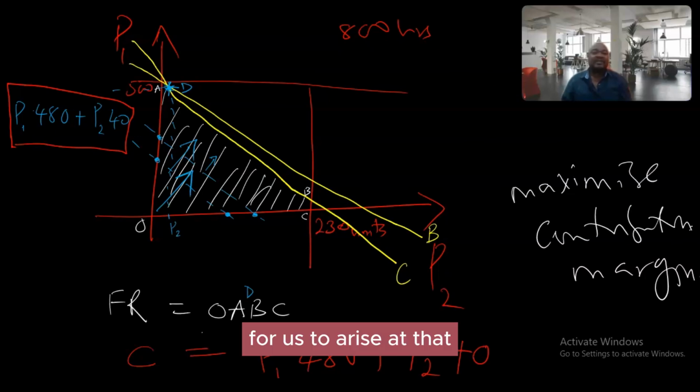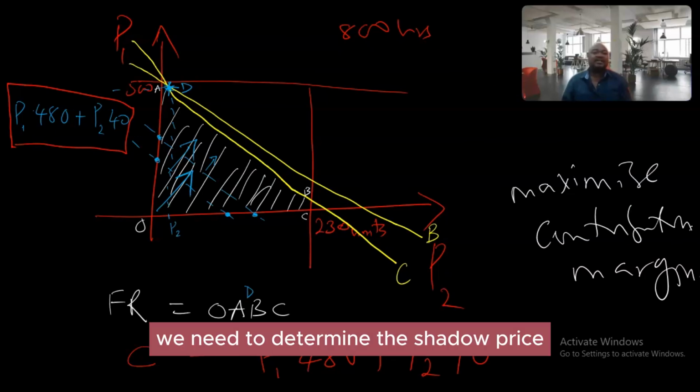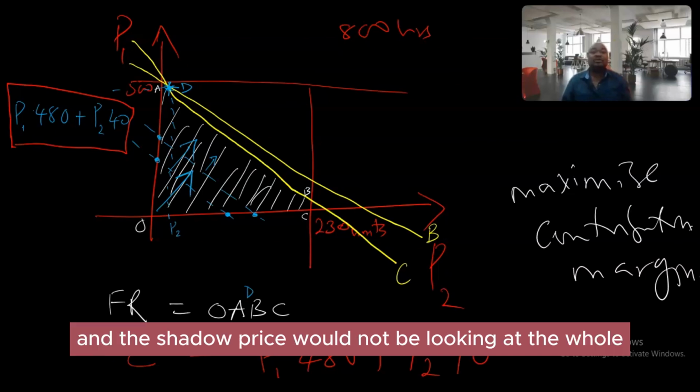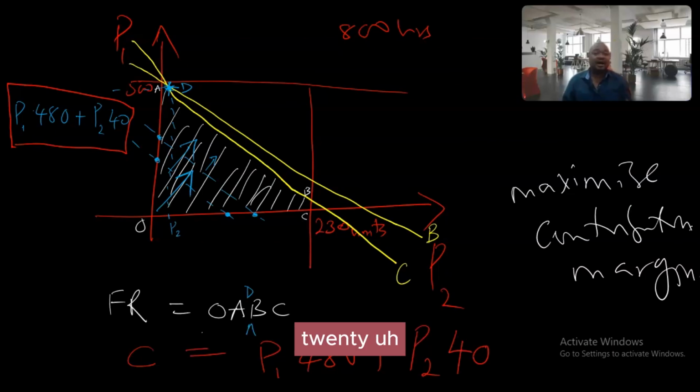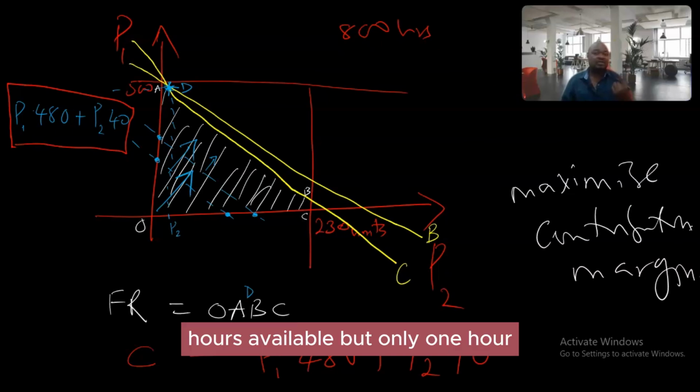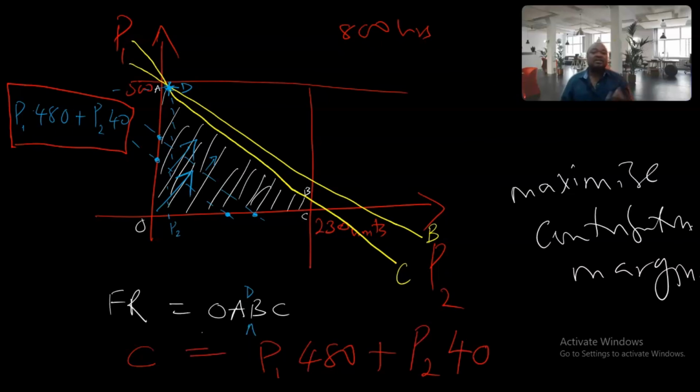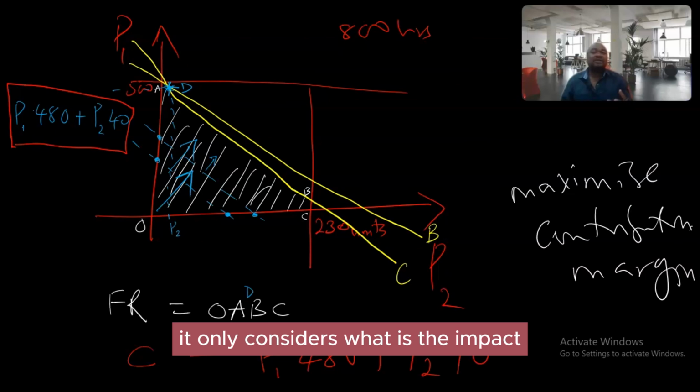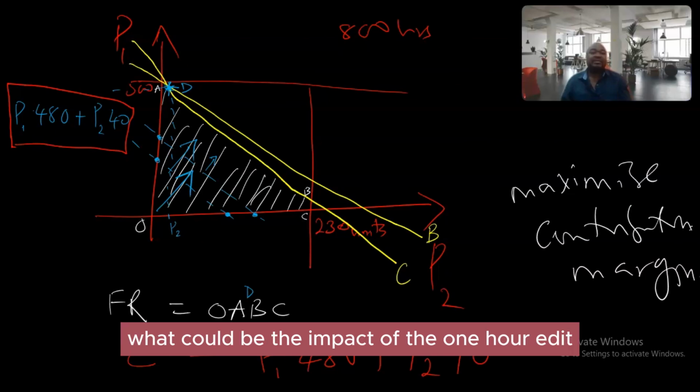For us to arrive at that, we need to determine the shadow price. And the shadow price would not be looking at the whole 20 hours available, but at 1 hour. It only considers what could be the impact of the 1 hour added.